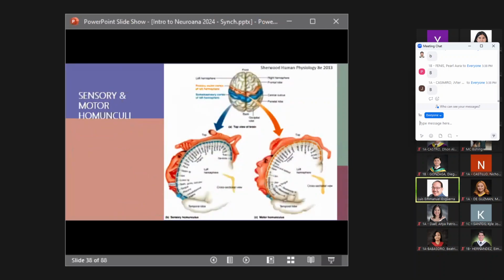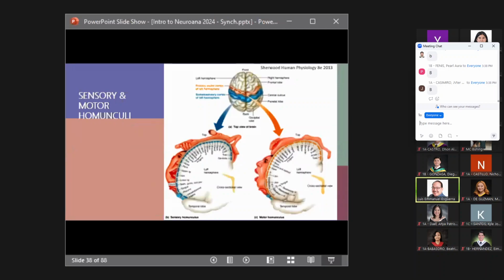Now, another concept we talk about is the homunculus. The homunculus is a schematic representation of the human body on a specific area of the central nervous system. That is, the human body is projected upon that specific part, like in this case, the sensory and motor homunculi.